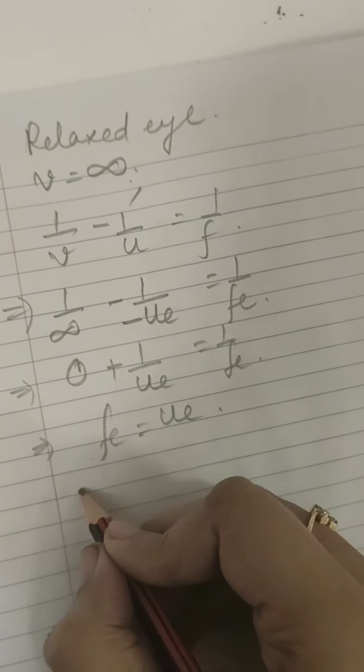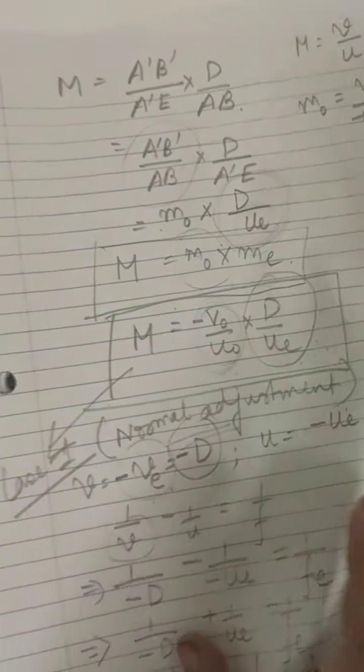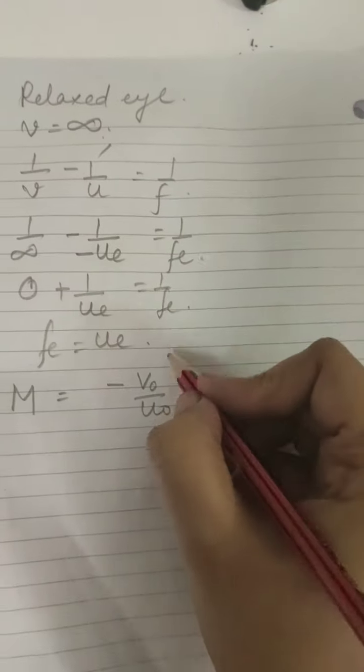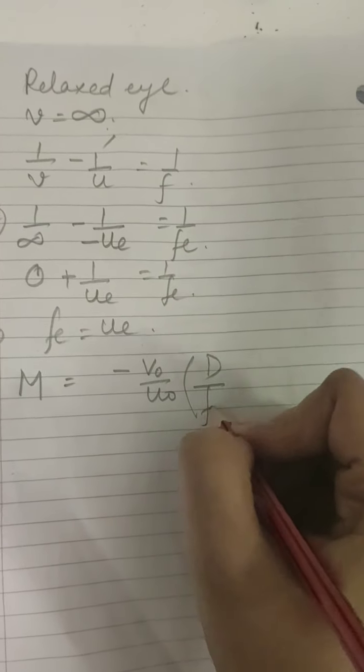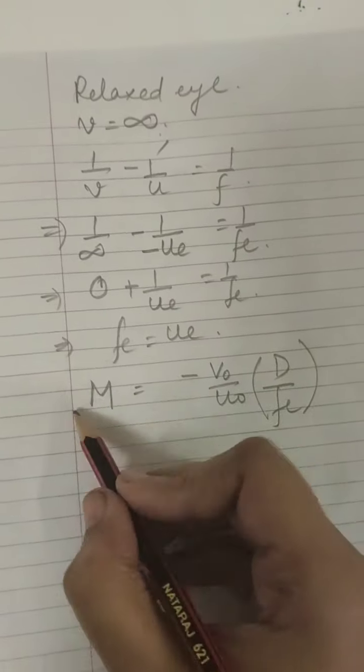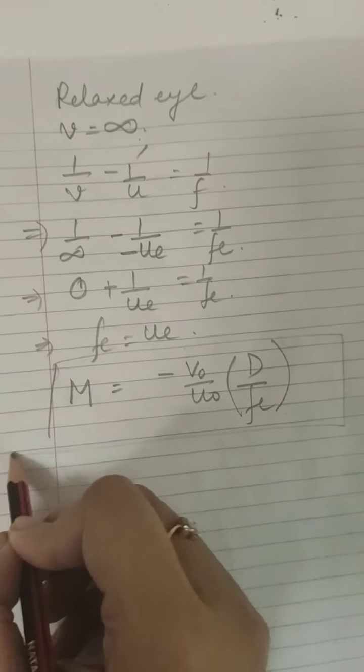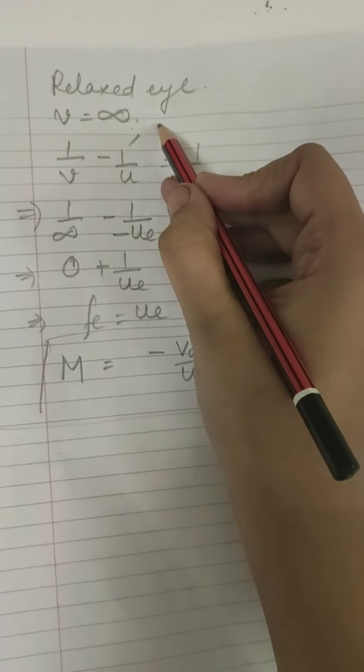So magnification becomes minus V naught by U naught, and in the place of D by UE I am going to write D by FE. This is the minimum magnification, when the final image is forming at infinity.